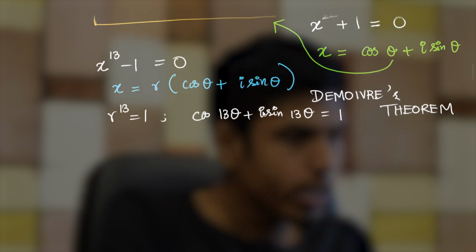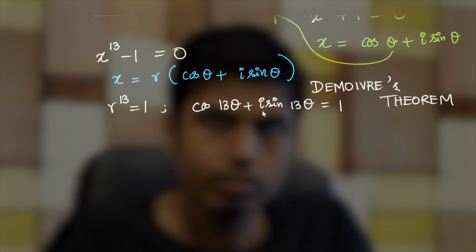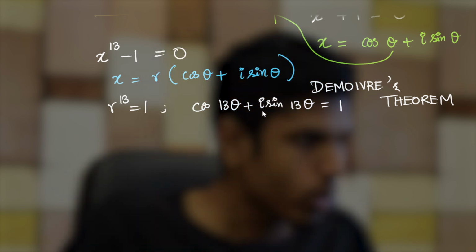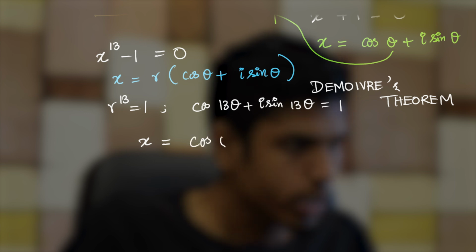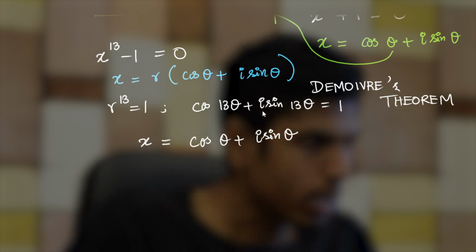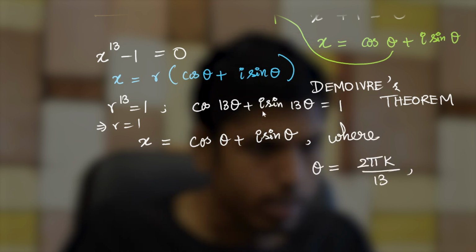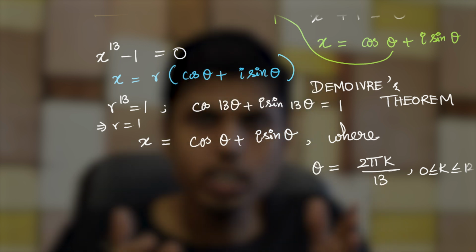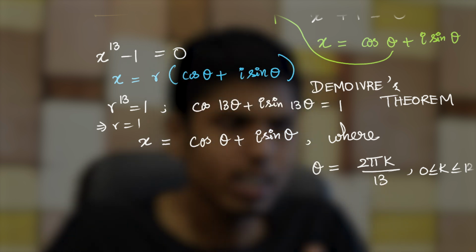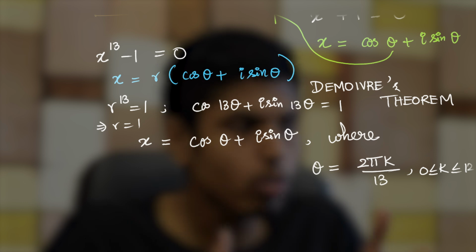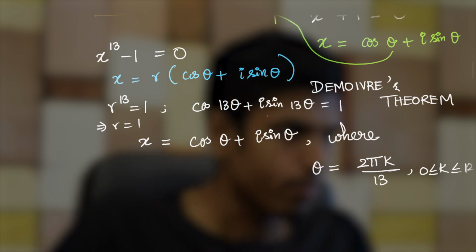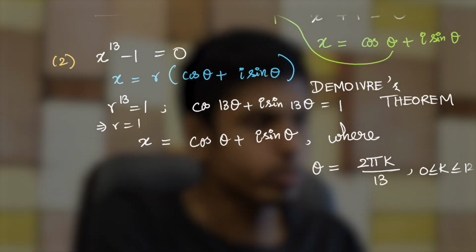So, working on the range of 13 theta from 0 to 13 times 2 pi, one can get all possible values of x, which is cos theta plus i sin theta, because r is 1 now, where theta equals 2 pi k by 13, and k goes from 0 to 12. So again, we got the 13 distinct roots of this polynomial, and there cannot be more because the degree of this is 13, right? Alright, so we have solved the second polynomial also.